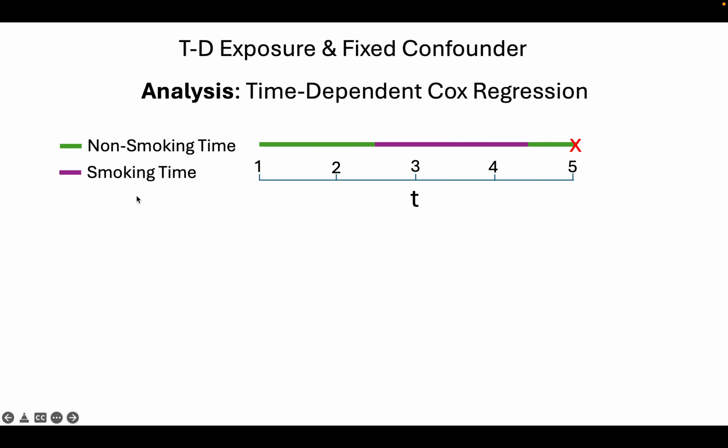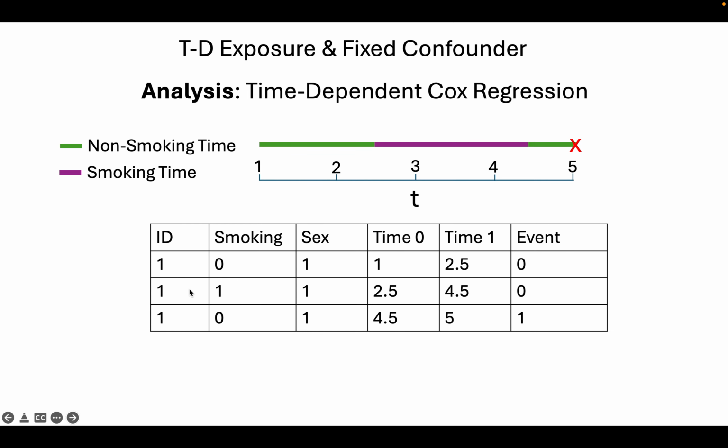And just an overview of what that looks like. Like we mentioned at the beginning, you'd have some function of time that you're using, this might be years or days. But basically you have a time 1, 2, and 3, and this is continuous generally. And you break down the person's data into the time periods where they were a non-smoker and the time periods that they were a smoker.